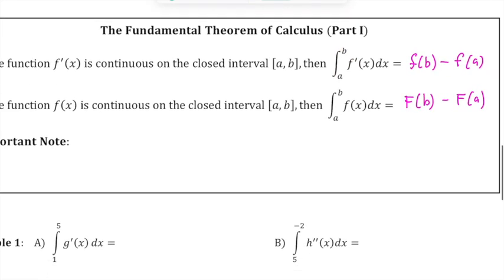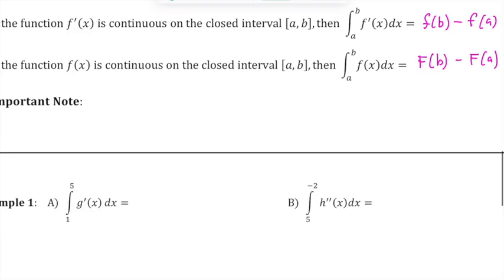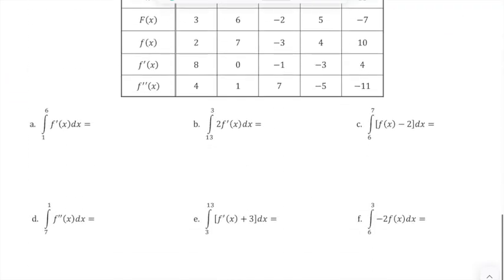Now, if you go to the one below it, notice how this is just the area under the curve of the function, and then we use capital letters to indicate that it's the area function, or the area under the curve. So in these examples, you're basically just taking the integral of a derivative or the integral of the function and finding the area.